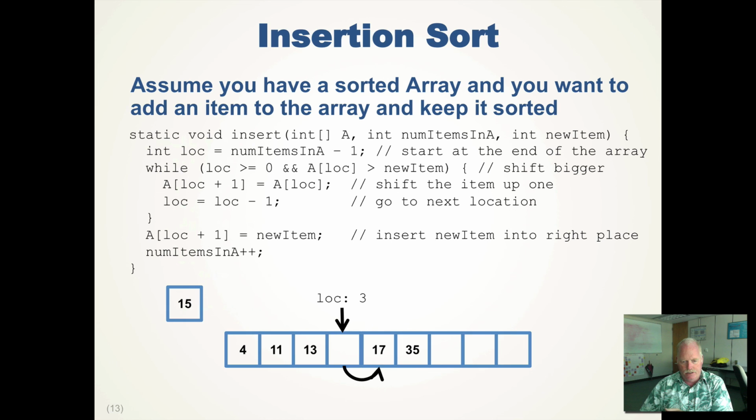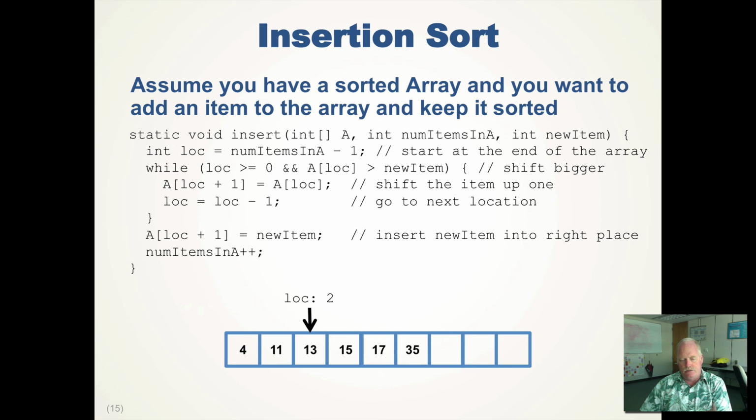So we copy it, and we decrement loc. Is 13 greater than 15? No. So we've got our position. We've got the gap. So we insert the new item at loc plus 1, and we've inserted 15 into our array. It's still sorted. Happy day. We've got a sorted array, and we've added one more item into it.